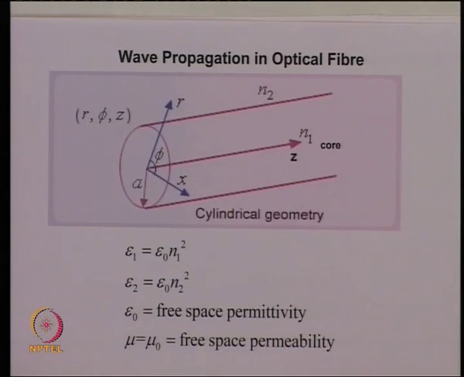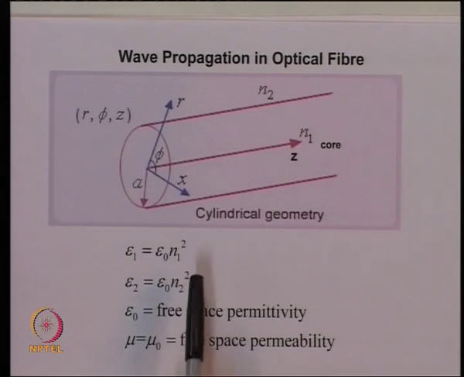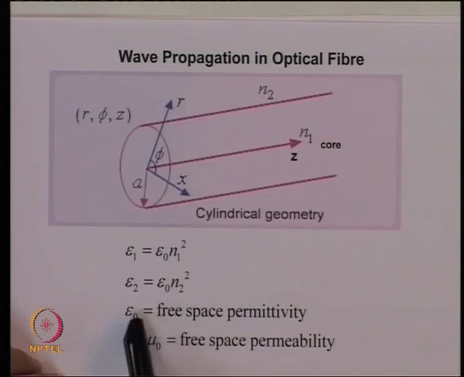When we analyze wave propagation, normally we write the wave equation in terms of the permittivity and permeability of the medium, and that is the reason we write here epsilon 1, which is the permittivity of medium 1, which is the core, equal to epsilon 0, the permittivity of free space, multiplied by the square of the refractive index of the core, N1. Similarly, we have the permittivity of medium 2, which is the cladding, equal to the permittivity of free space multiplied by the square of the refractive index of the cladding, N2.